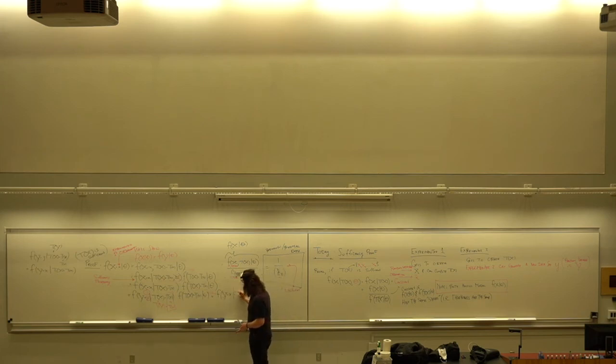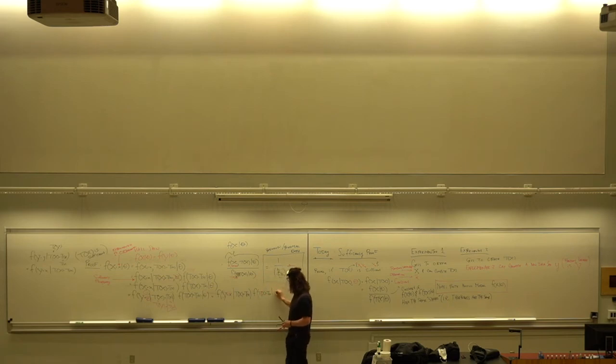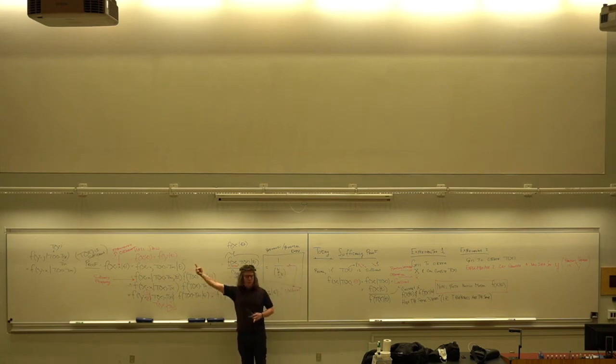So given T of x, and I'll use the same notation that they use in the book, times f of T(x) is equal to T(x), little x, given theta, and then I just roll this same line backwards.